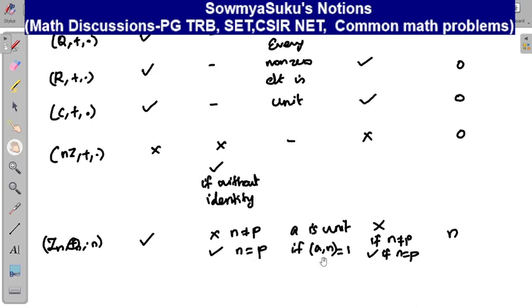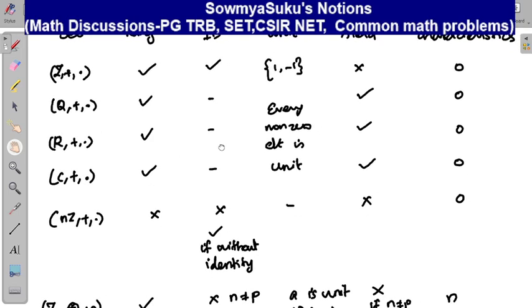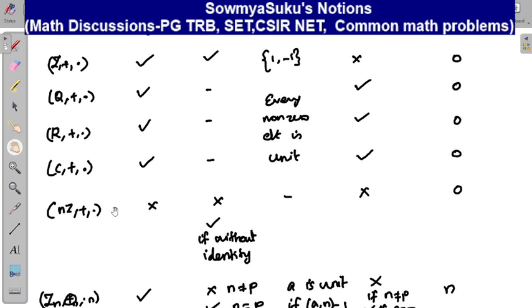For unit element, if gcd(a, n) equals 1, then we can say the particular element a is a unit element. So this is a chart you can understand easily for the sets to be a ring, integral domain, field, unit, and the characteristics. Thank you.